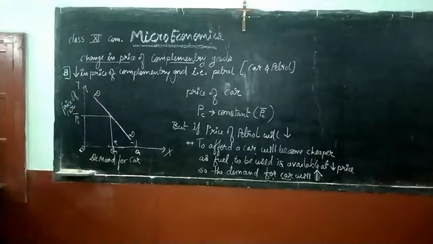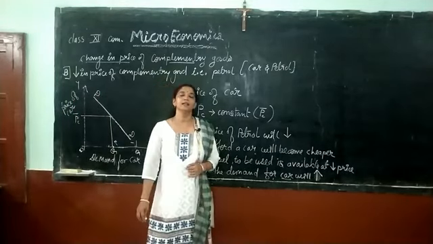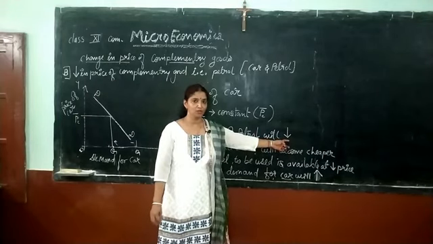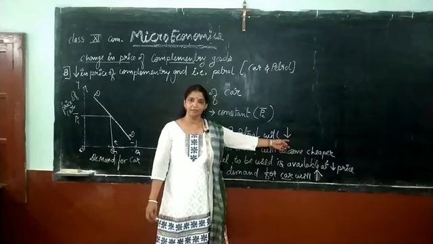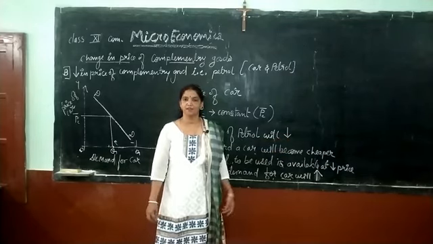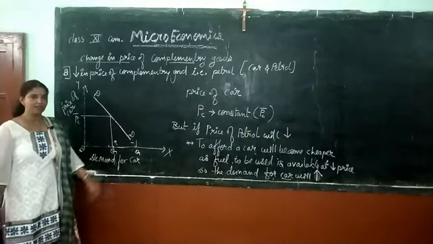We can easily understand that with a reduction in the price of the complementary good, there will be an increase in the demand for the commodity. And this will be explained with the help of a graphical presentation.